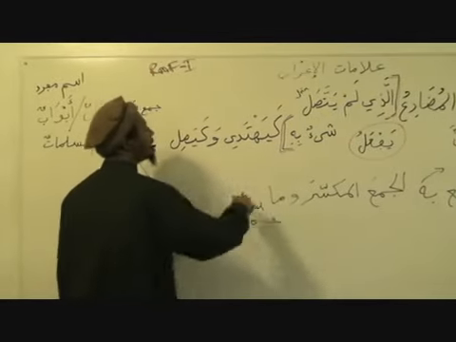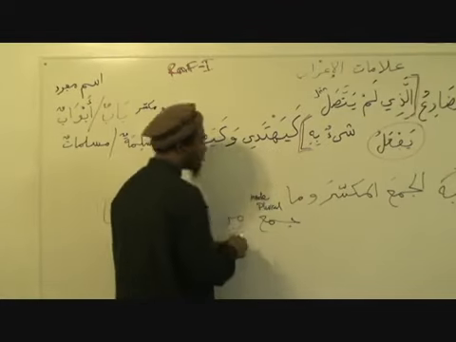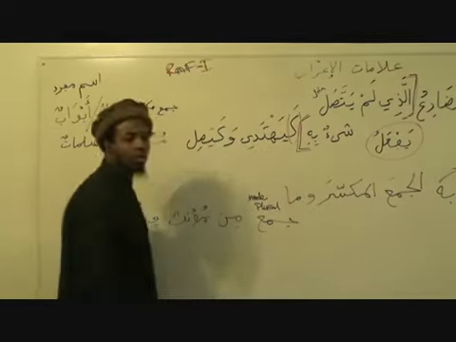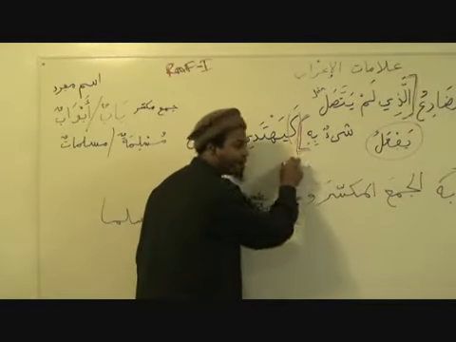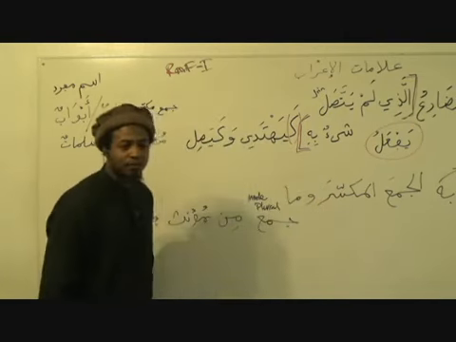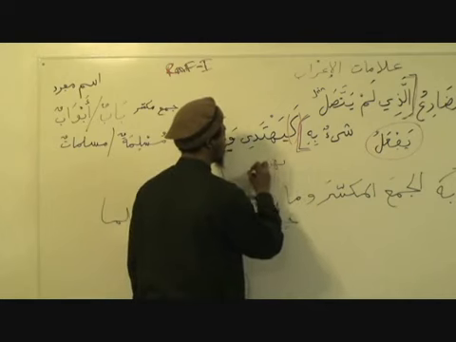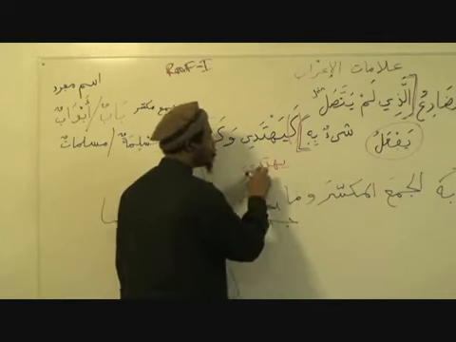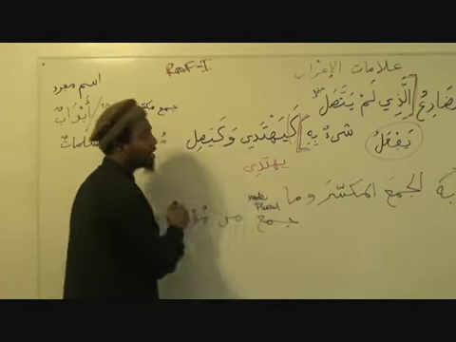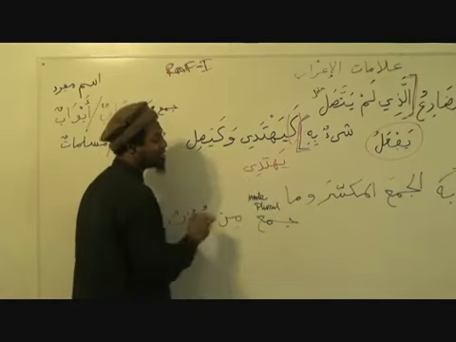The first one, he said, ka yahtadi. What did he say? Ka means like or similar to. It's not part of the word. Ka means like, for example. For example, yahtadi. Say the word. يهتدي. So yahtadi is a fi'l mudari'u alladhi lam yattasil bihi shay'un. It's a fi'l mudari that there is nothing attached to the end.